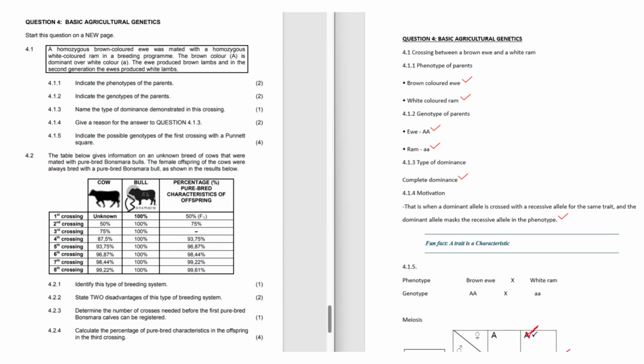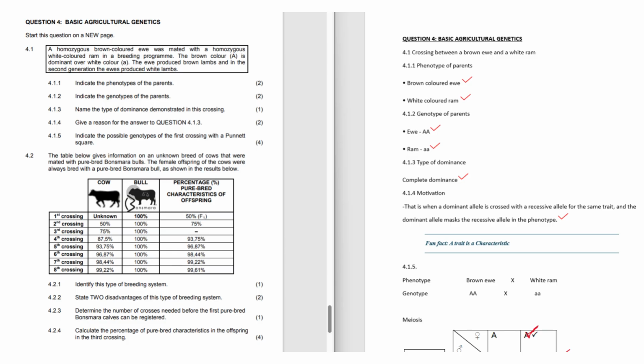Then we go to the recessive one. This second sentence says the brown color A is dominant over the white color. That means this brown color masks the condition of this white color.